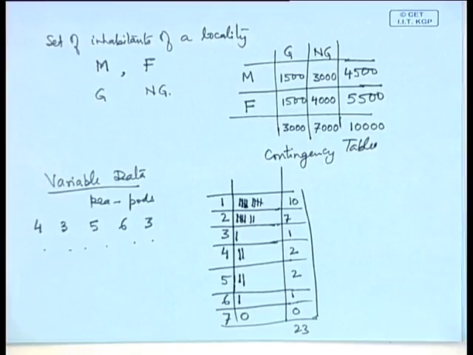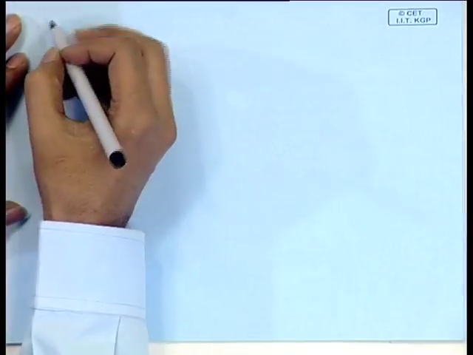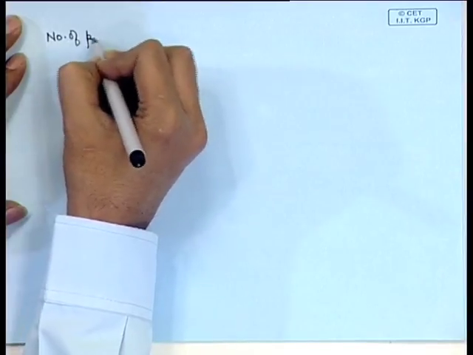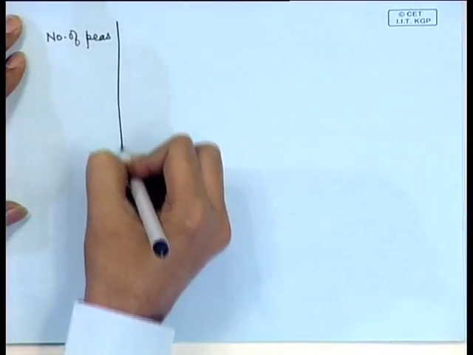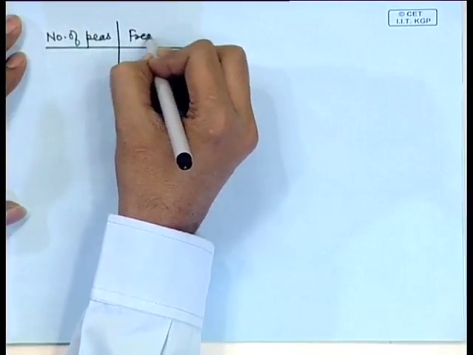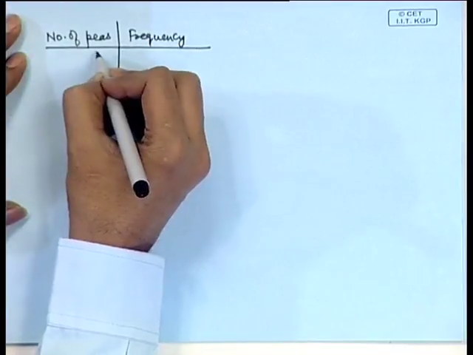and the frequency distribution turns out to be, so we write here number of peas and here we write frequency, that is how many times each occurrence is there.